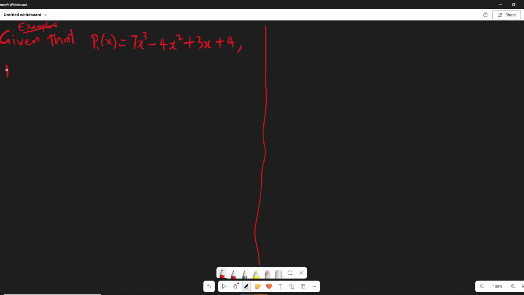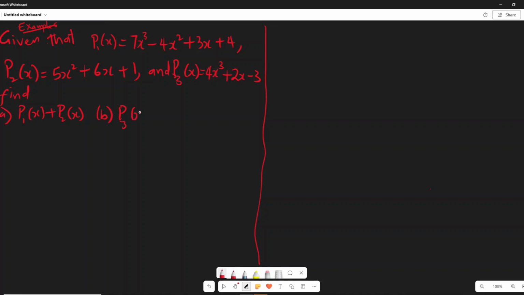And then we have a second polynomial, p2 of x, which is 5x squared plus 6x plus 1. And then we have the last polynomial, I'm going to call that p3 of x, and it's 4x cubed plus 2x minus 3.